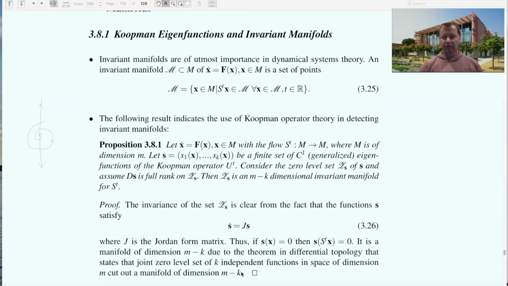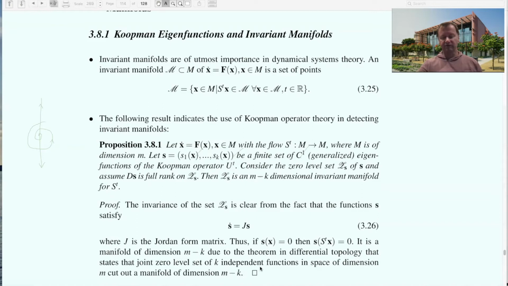So for example, if one has the equation x squared plus y squared minus 1 is equal to 0 in a plane, that defines a one-dimensional manifold, which is a circle of radius 1.